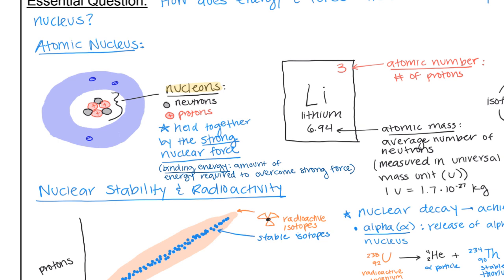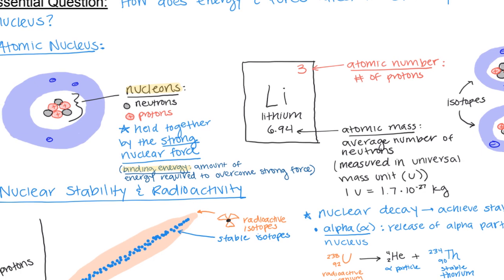If we wanted to break apart the nucleus of an atom in some particular way, we would need to input a certain amount of energy. That energy is what we call the binding energy of the nucleus. It's the amount of energy required to overcome that strong nuclear force and break apart a piece or the entire nucleus of an atom. So that's what we will be predominantly looking at today in this video.